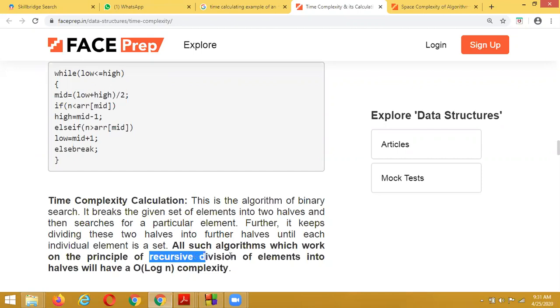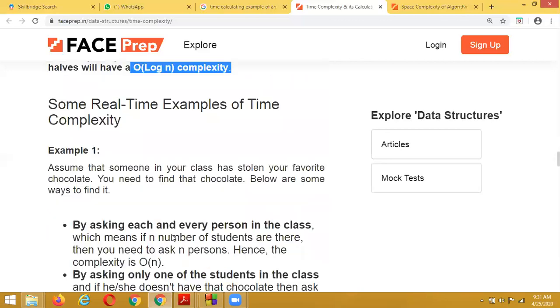If the function calls itself in a recursive manner, with recursive division of elements into halves, we have O of log n complexity. If the division occurs in a recursive manner, we indicate it as O of log n complexity.